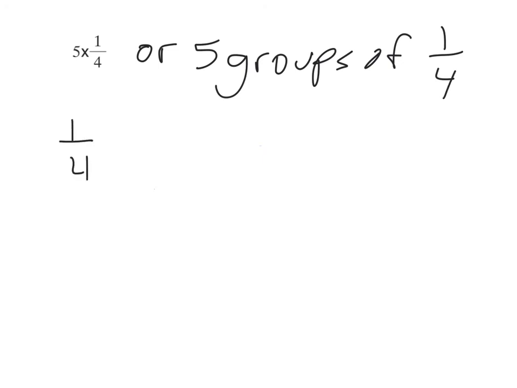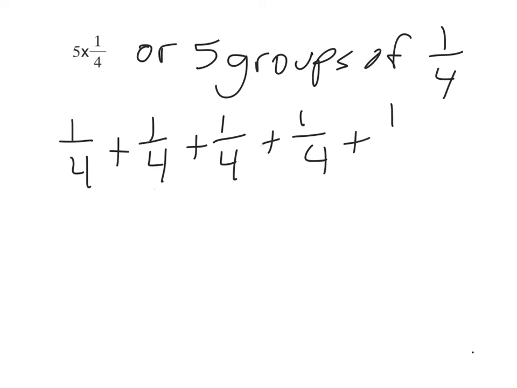We have 1/4, 2 groups of 1/4, 3 groups of 1/4, 4 groups of 1/4, and 5 groups of 1/4. Go ahead and solve this problem on your piece of paper. Let's see what you came up with.